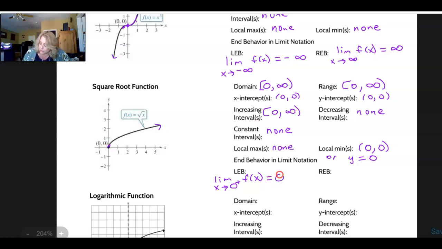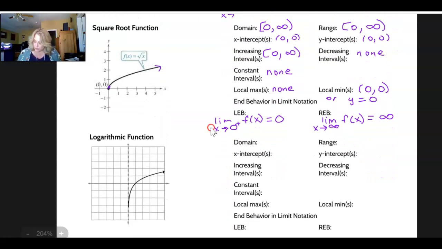Well, it's also approaching 0, isn't it? Okay? Does that make sense? And then here we would say the limit as x approaches infinity of this function, since x is just continuing to get large on the right side. As x gets larger, what's the y value doing? Well, it's continuing to go up. Okay, so that's infinity.